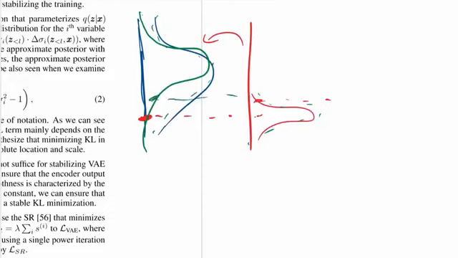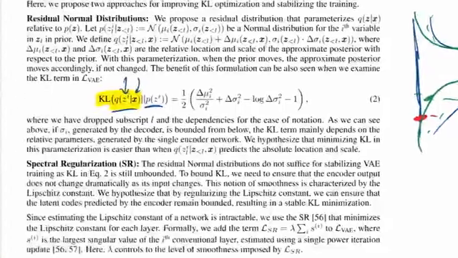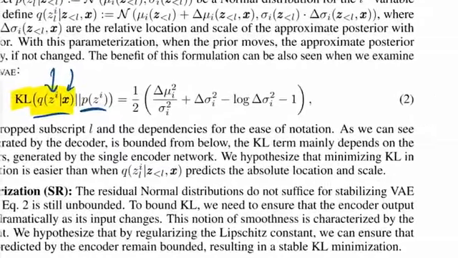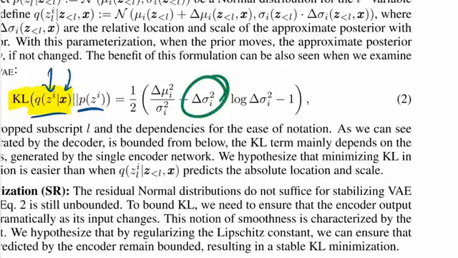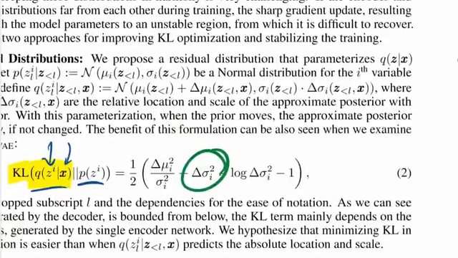And then that base will already be shifted right here. So it thinks that the distribution to match is now this normal distribution. So you can see that the base is already shifted, and that's why their encoder only outputs the delta to the prior.